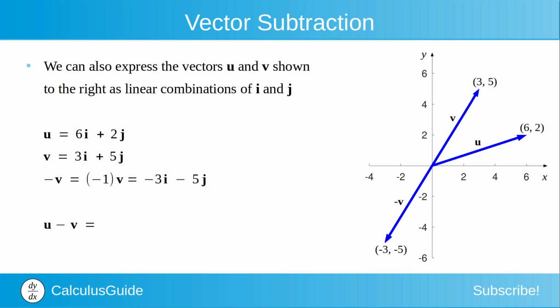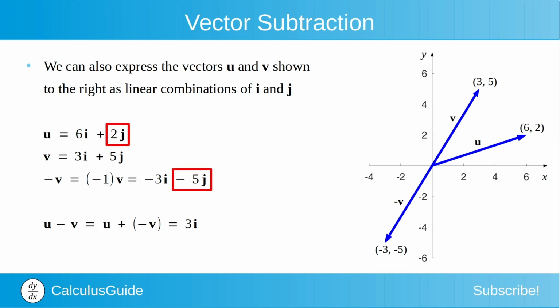The vector u minus v is equal to the vector u plus the vector minus v. This can be calculated by adding the horizontal, or i components, of u and minus v, and by adding the vertical, or j components, of u and minus v. 6i plus minus 3i is equal to 3i.